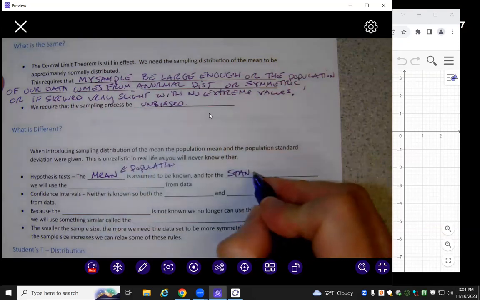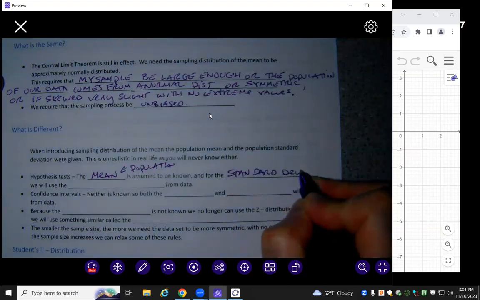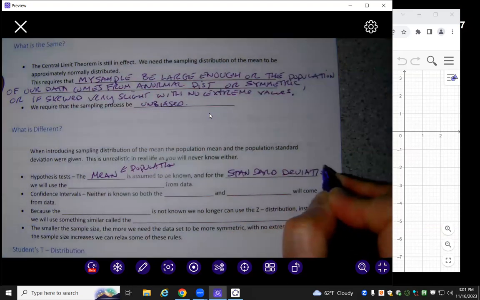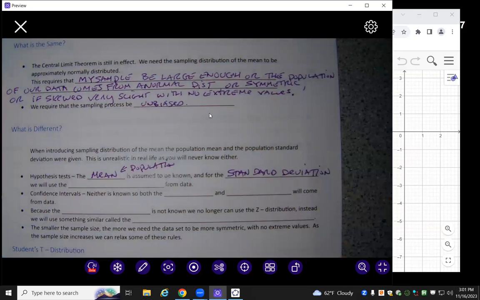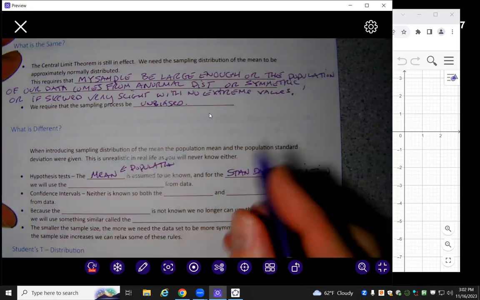For the standard deviation, we will use the sample standard deviation from the data.